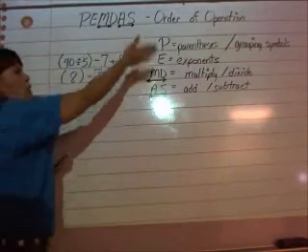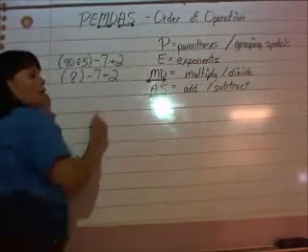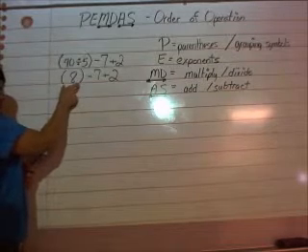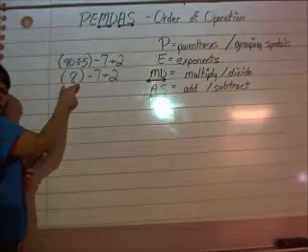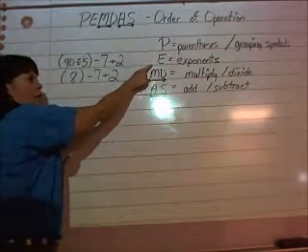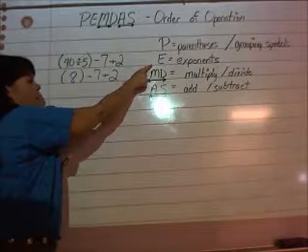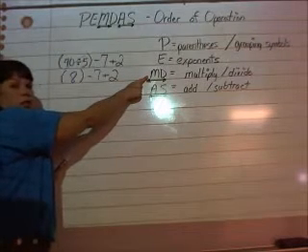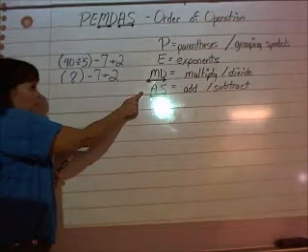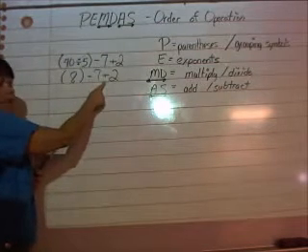Then I have to start all over at the top again. Do I have any parentheses? Well, I do have parentheses, but is there anything to do inside of those parentheses? No. So, I can go to my next level. Do I have any exponents? Do I have any multiplication or division? No. Do I have any adding or subtracting? I do. I have subtracting and I have adding.